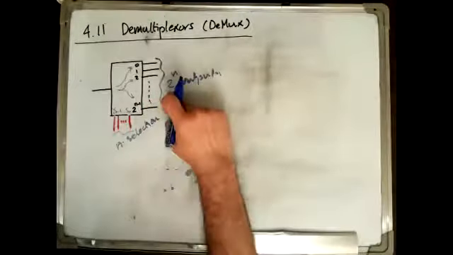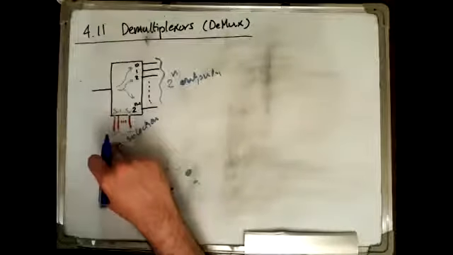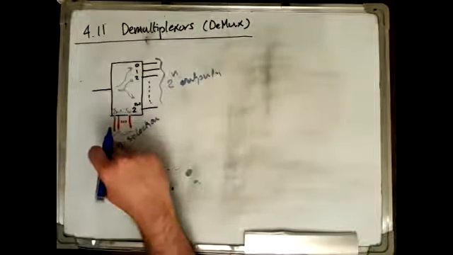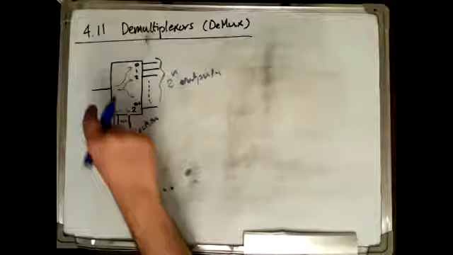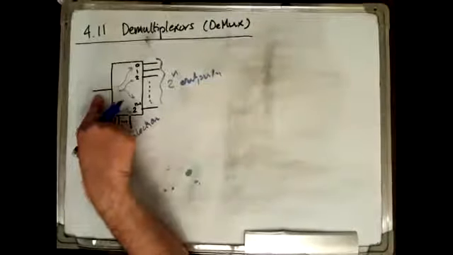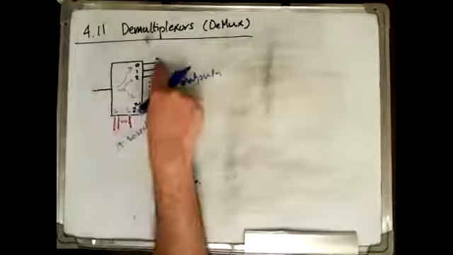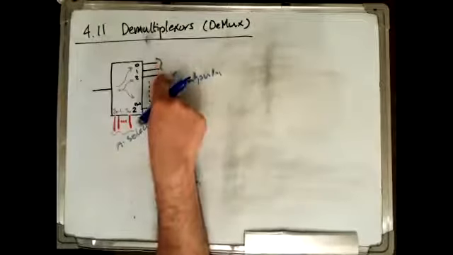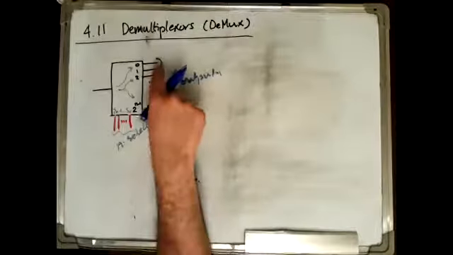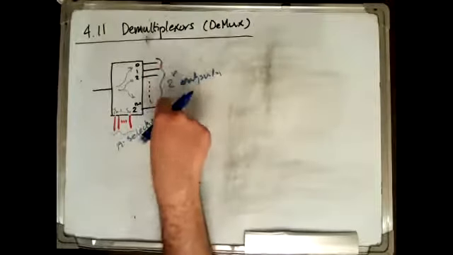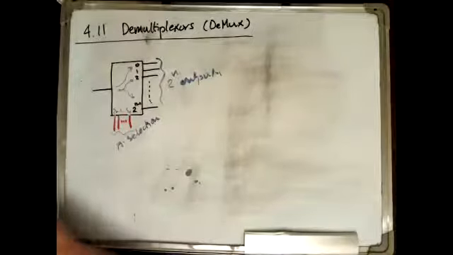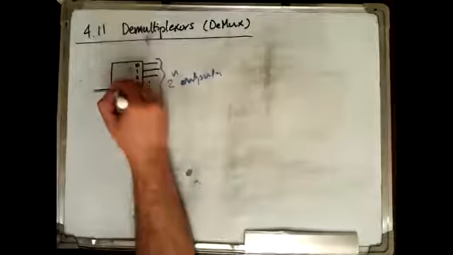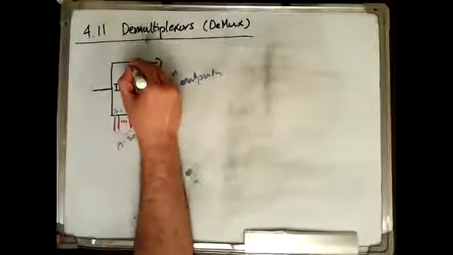We have 2 to the power n outputs, so we need n selection lines. However, the operation is the opposite of the mux. You take the value here, there is only one value here, and you give it to this output, or this output, or this output, or this output. And how do you specify the output? Basically using the selection lines.